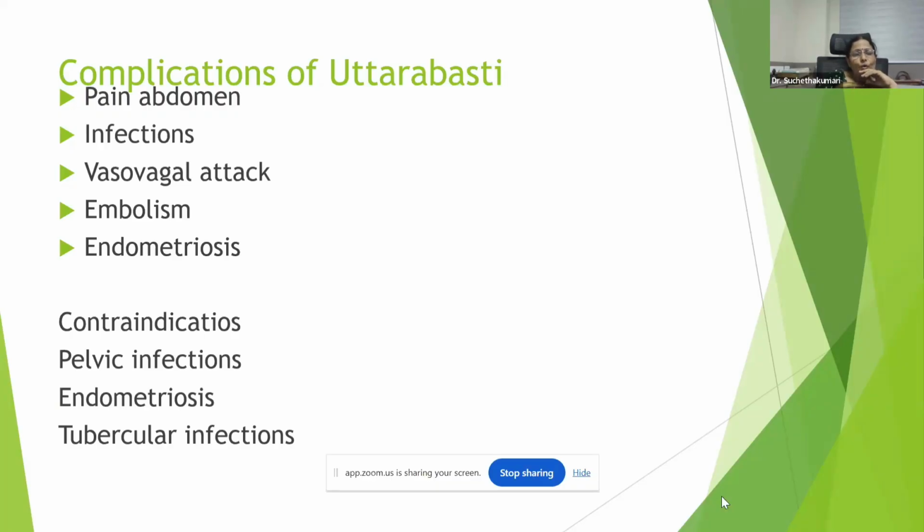Next, the contraindications to the Uttarabasti are pelvic infections, endometriosis, and tubercular infections.